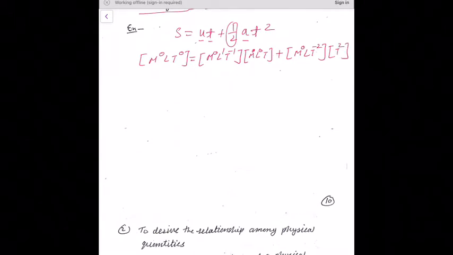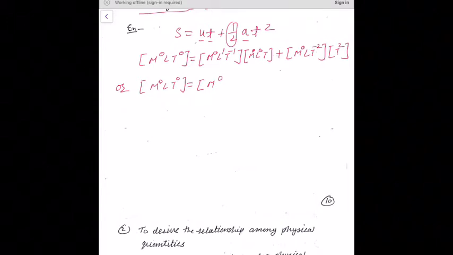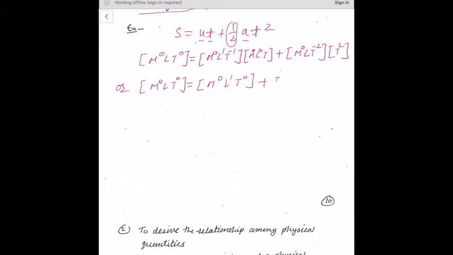or we can write M0 L1 T0 is equal to M0 L1 T0 plus M0 L1 T0.